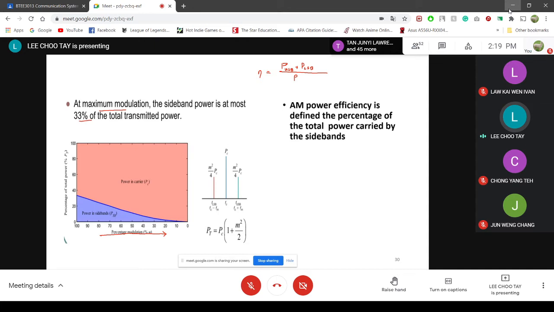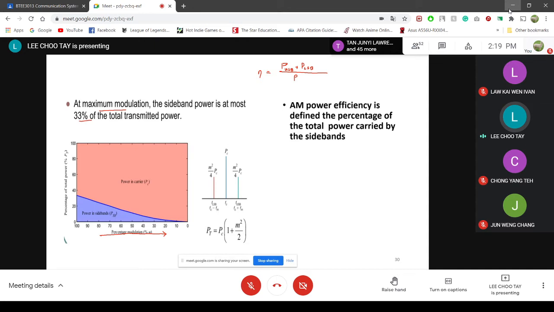And what is the efficiency? You can straight away make use of the equation, which is m squared over 2 plus m squared multiplied by 100%. In this case, 0.6 squared over 2 plus 0.6 squared, multiplied by 100%, and that will give you 15.25%.